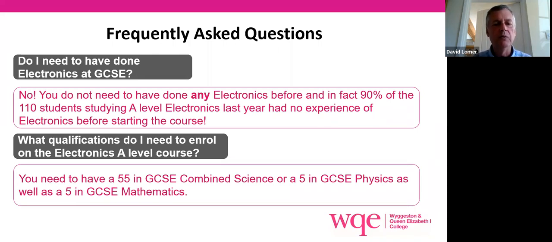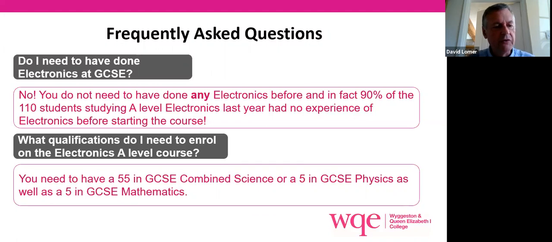We teach you as if you know nothing about electronics, and certainly just from the physics GCSE, you'll know more than nothing. So that's no problem at all. If you're considering doing electronics at A-level, don't think that you need to have GCSE electronics. Don't think you'll be disadvantaged without it, because almost all the students who do electronics at A-level have never studied it before.